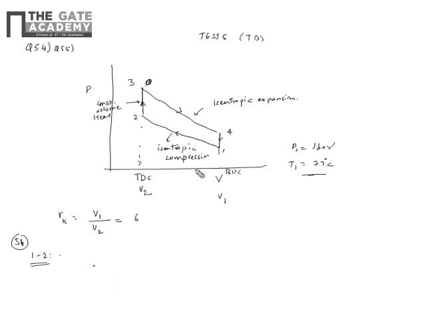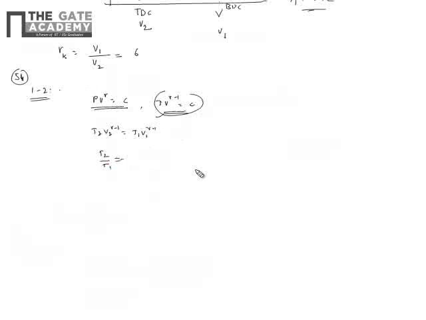In isentropic compression, the pressure and volume behave in this way, and the temperature and volume also behave in this way. Because we know the ratio of the volumes at 1 and 2, let's apply this second equation. T2 V2 to the power gamma minus 1 is T1 V1 to the power gamma minus 1, and gamma is the specific heat ratio. So T2 by T1 is V1 by V2 to the power gamma minus 1.